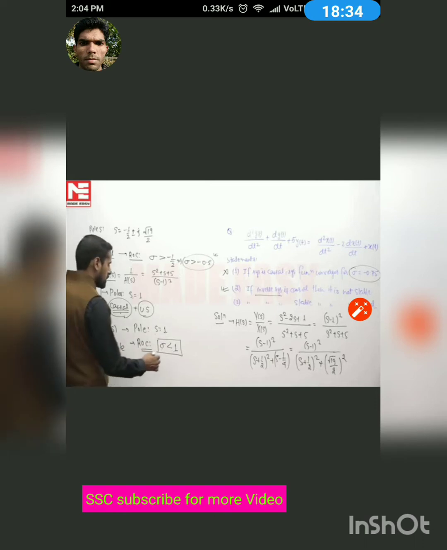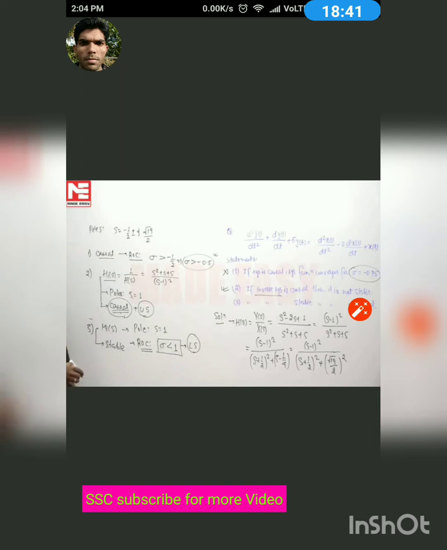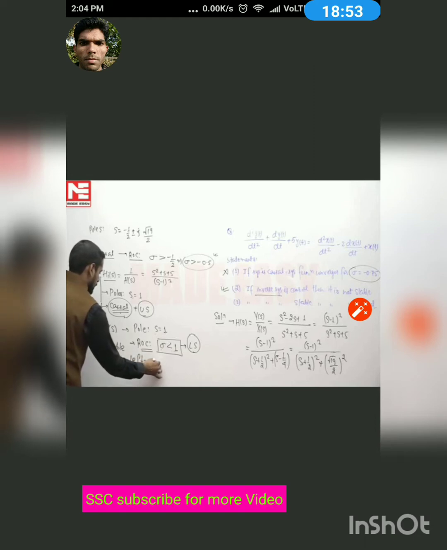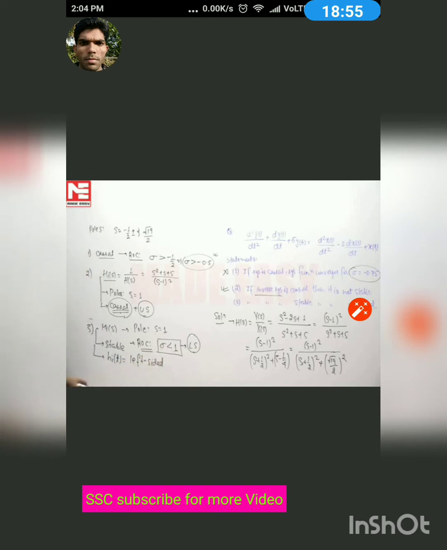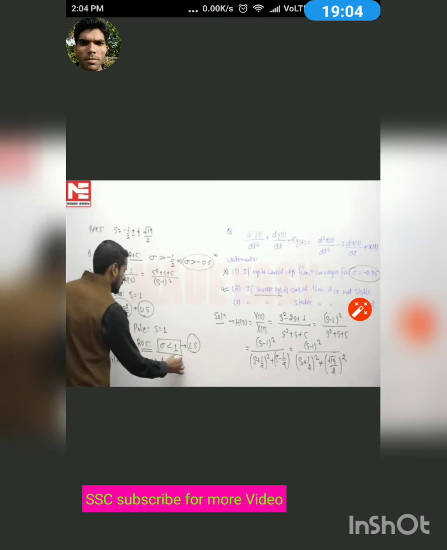If we write the ROC this way, the nature of the ROC will be left-sided, and according to the property of the ROC, if we get a left-sided ROC, then the impulse response h(t) of the inverse system will also be left-sided. And if the impulse response is left-sided, it will not follow the condition for causality of the system, because it will violate this condition.